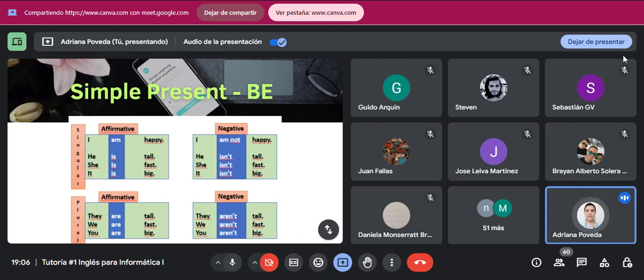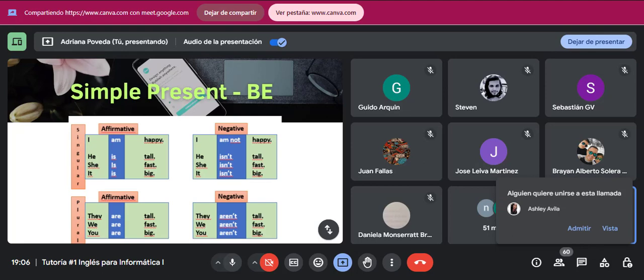that will make it into isn't. In English, we tend to use a lot of abbreviations, and we use them both in written language and also in spoken language. Only in really formal written language we don't use abbreviations, but usually we do. Then we will say he isn't tall, she isn't fast, or it isn't big, for example.